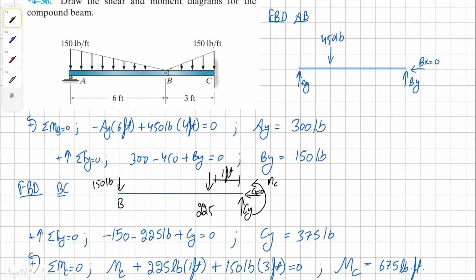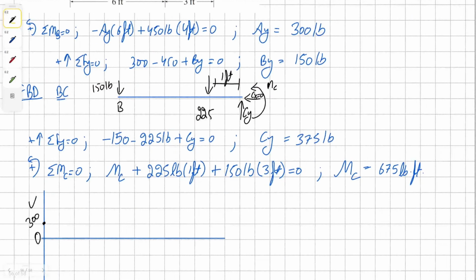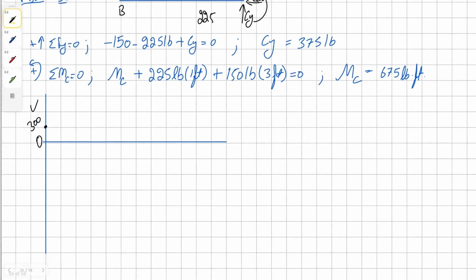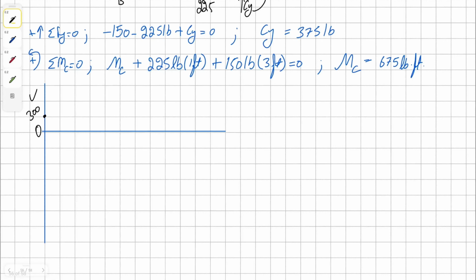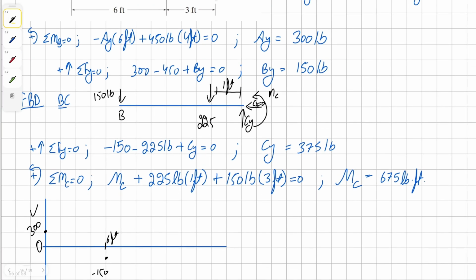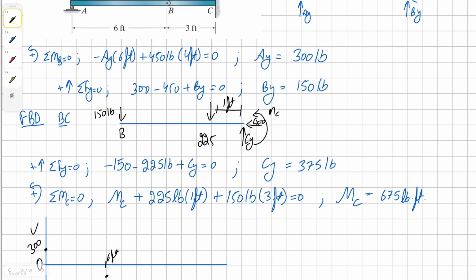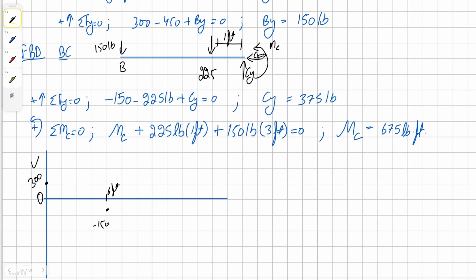So 300 take away 450 is negative 150. So let's say negative 150 is around about here, and this is 6 feet. So our curve is now second order, and it's going to be concaving upwards.